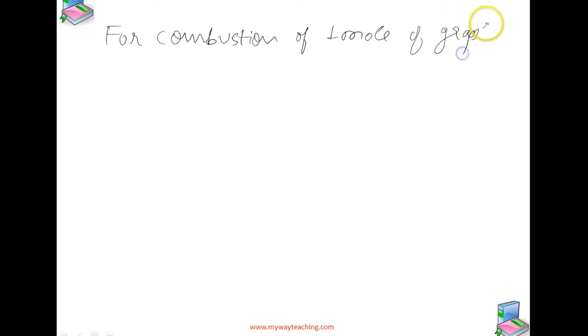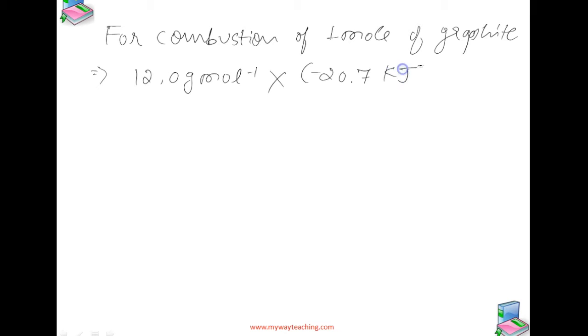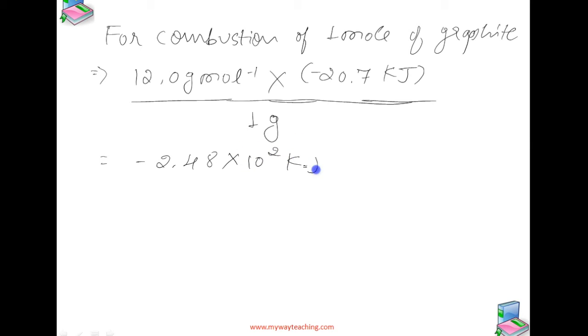For combustion of 1 mole of graphite, delta U is 12.0 gram per mole into minus 20.7 kilojoule divided by 1 gram, per mole.